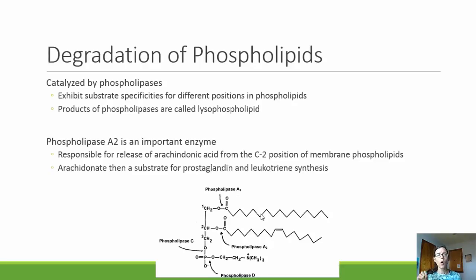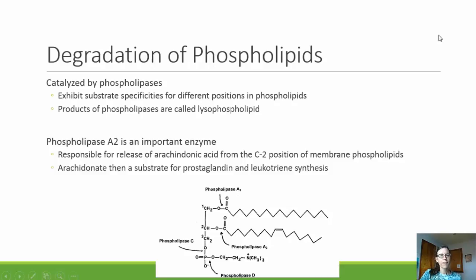Okay, so almost all of our metabolism I'm going to save for next week, but I'm just going to introduce a little bit of metabolism here because it's important in our digestion and absorption part of the lecture. So when phospholipids are degraded, it's by a group of enzymes that are called phospholipases.